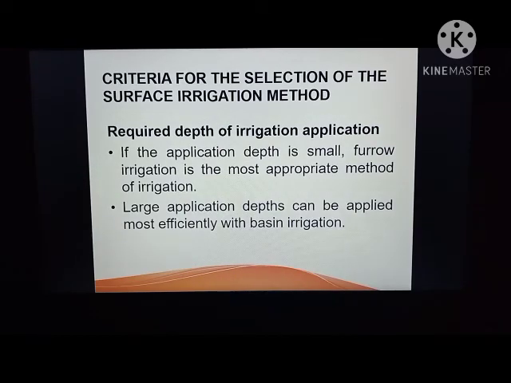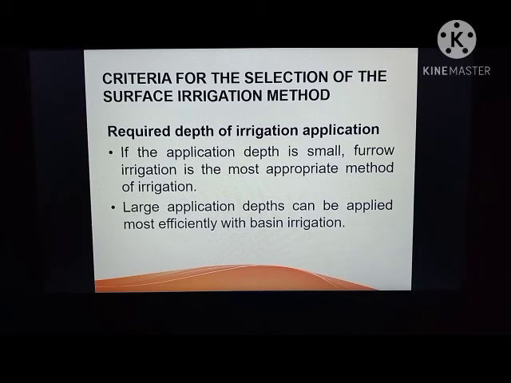Next is the required depth of irrigation application. If we are going to use a small depth, we have to use the furrow irrigation method.